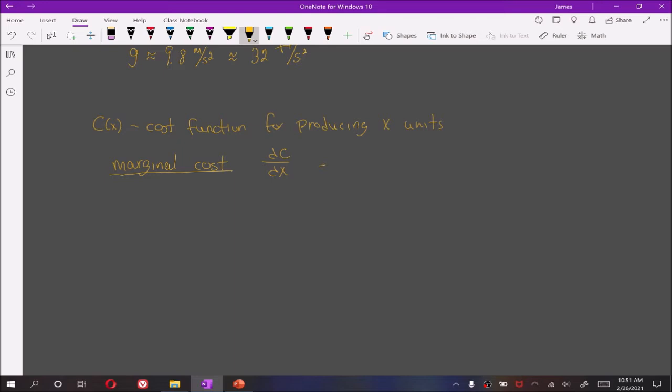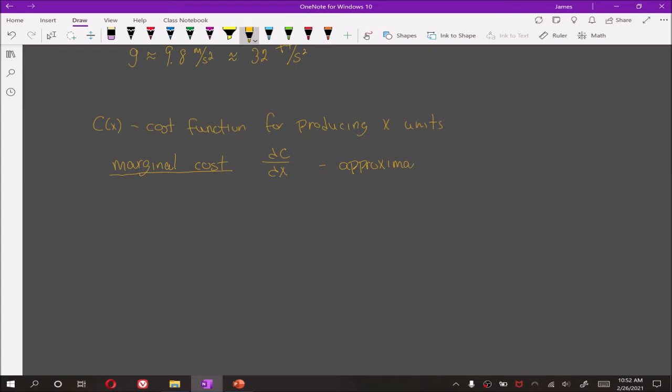And what this represents is an approximate change in cost for producing the x plus 1 unit. In other words, when you're already producing x units, the marginal cost gives an estimate for how much it would cost to produce the next unit.